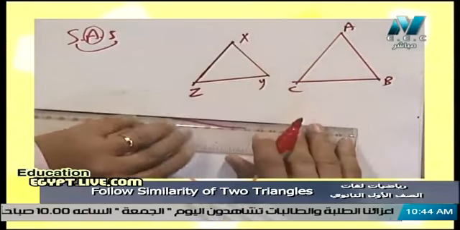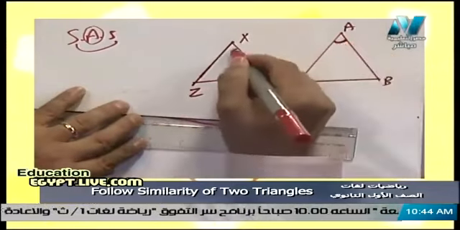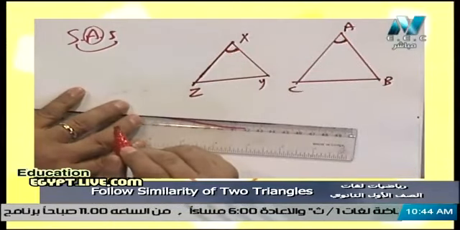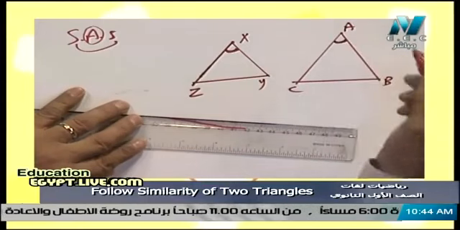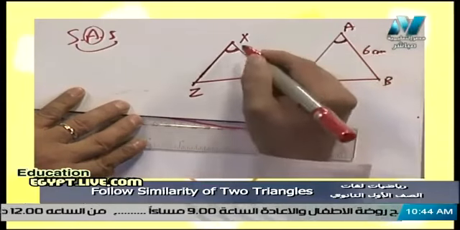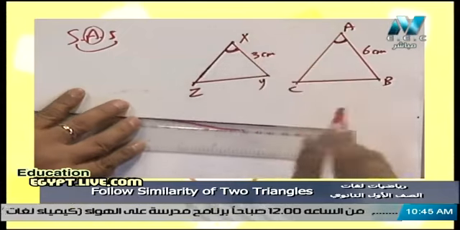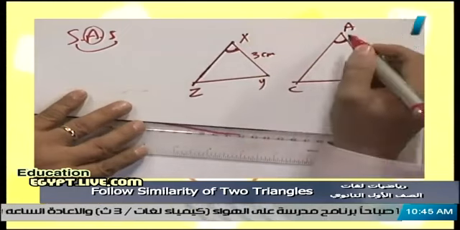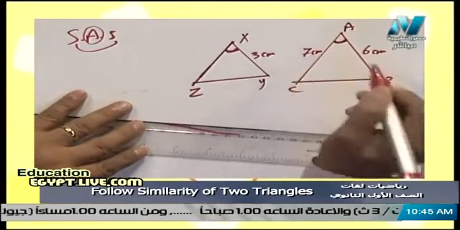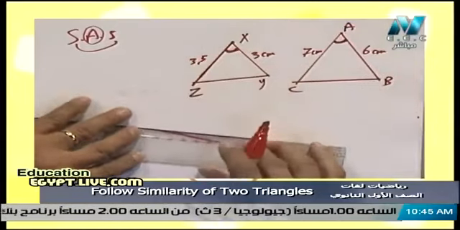XYZ, and the measure of angle A equals the measure of angle X. This is the first condition. And we have AB, say 6 centimeters, and say that the length of XY equals 3 centimeters, and AC here is 7 centimeters, and the length of XZ equals 3.5 centimeters.